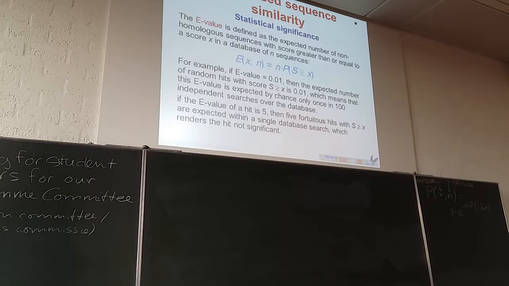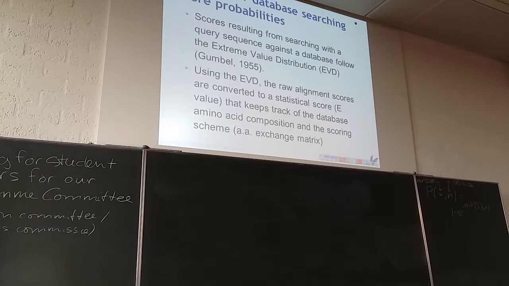You don't know which one, but if you do 10 of those, 1 of those 10 is likely to be a random hit. For each of them the probability is the same, but you have 10 of them, so it becomes increasingly likely that one of them is really not a good hit.